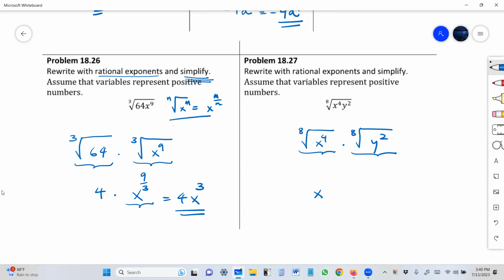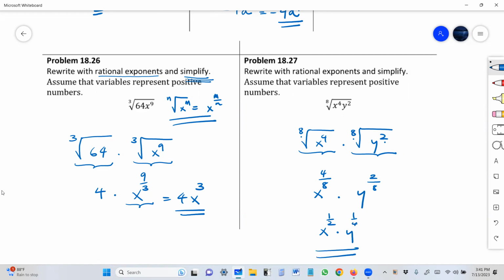So using this conversion ratio right here. So x to the 4 over 8 times y to the 2 over 8. And then we simplify each of the fractions. So 4 over 8 is 1/2, and 2 over 8 is 1/4.